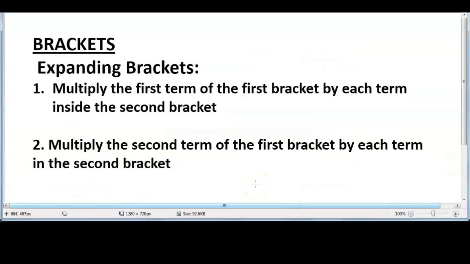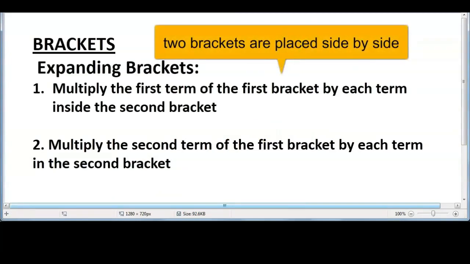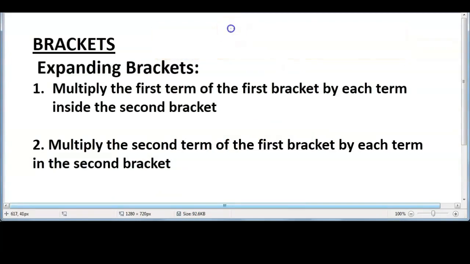Expanding brackets. Expansion can arise when 2 brackets are placed side by side. Example. Suppose we have y minus 2 on the one hand and 4 minus 3y on the other.